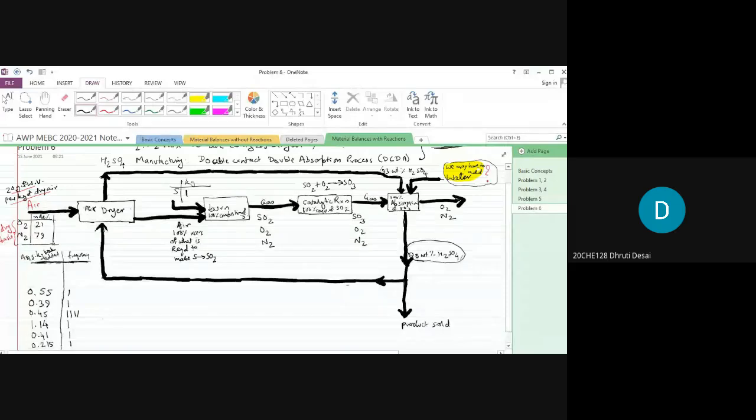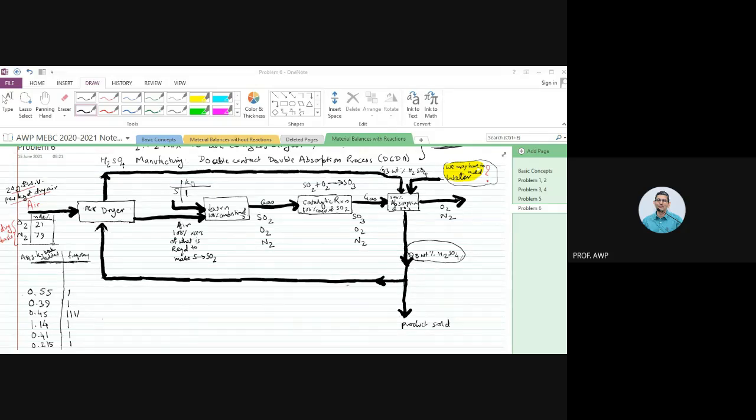Bhakti, any answer? Aniruddha, any answer?